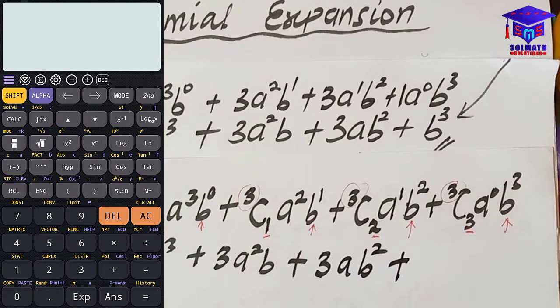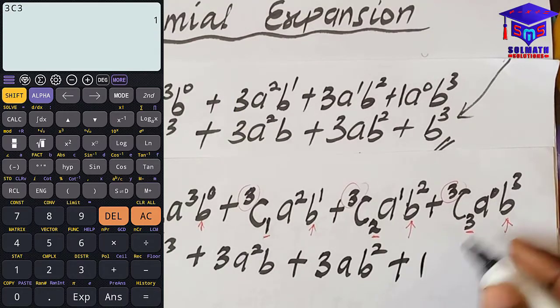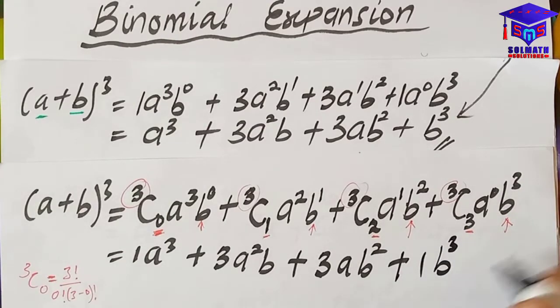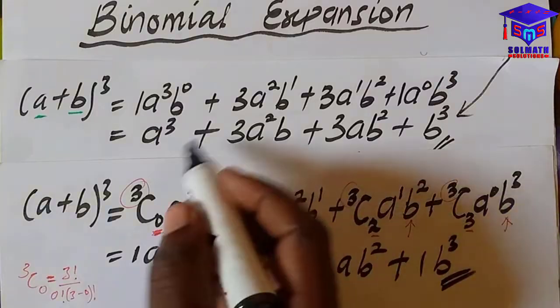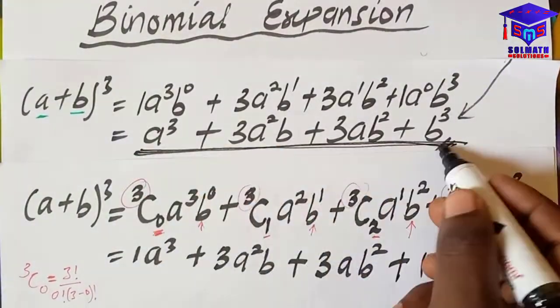Plus 3 combination 3 on your calculator, 3 shift combination 3 equal to, you get 1. a to the power 0 is 1, and then b to the power 3, and that is it, which is actually the same result we got when we used the Pascal triangle.